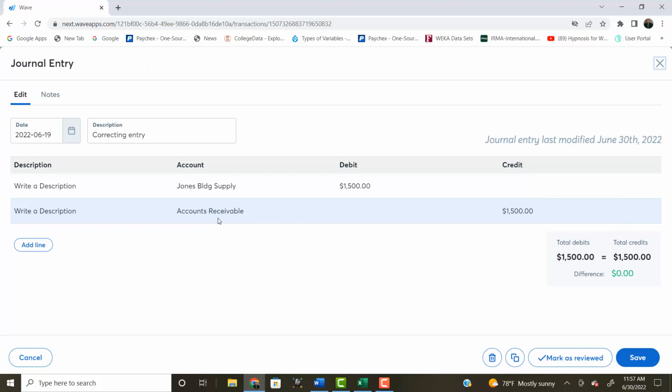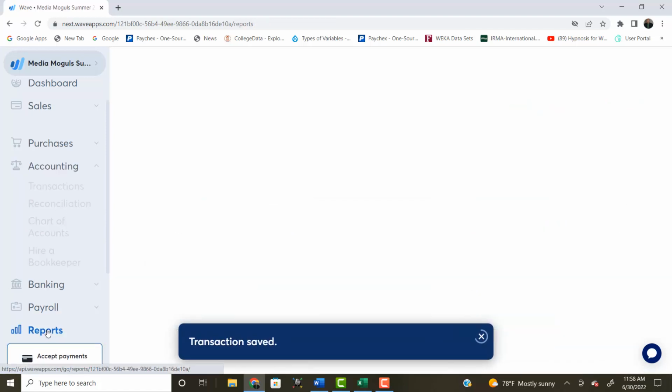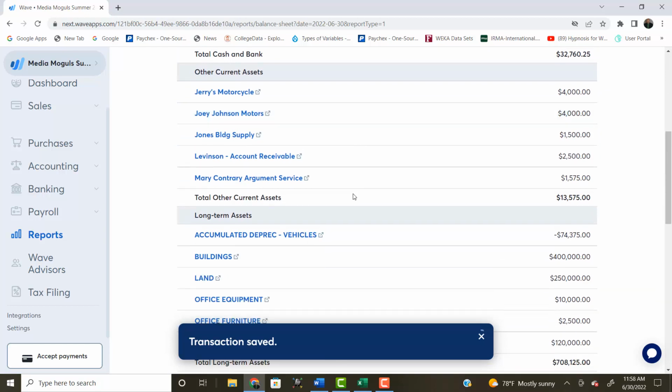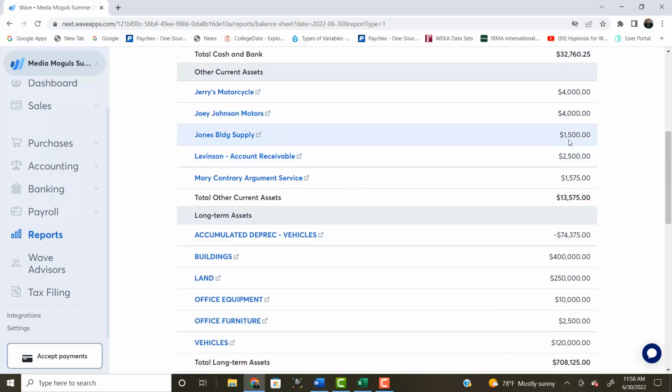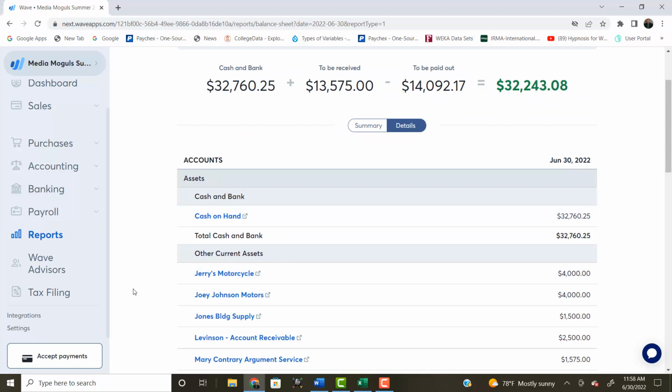In other words, the accounts receivable controlling account, I'm taking it out of there and I'm putting in Jones Building Supplies. So when I look at Jones Building Supplies over here on my reports in the balance sheet, I see that it's now Jones Building Supplies and I don't have accounts receivable up here. There's no accounts receivable.